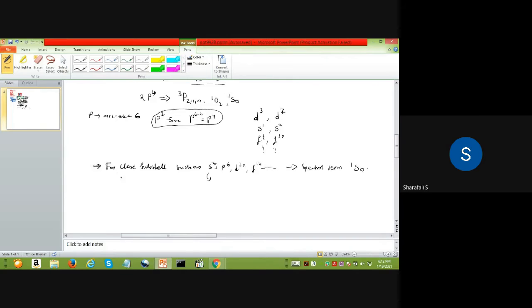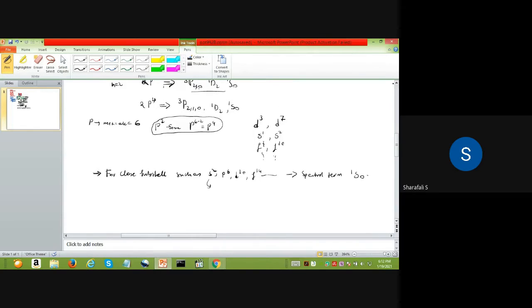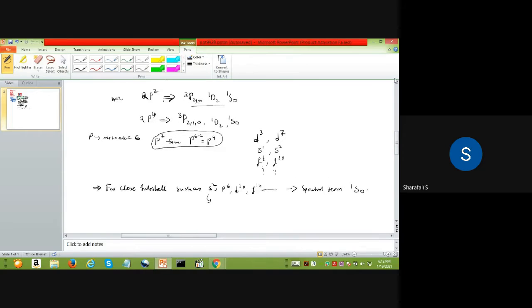Then the second point that we already discussed: we have nl^q and nl^(r minus q), and they will also share the same spectral term.